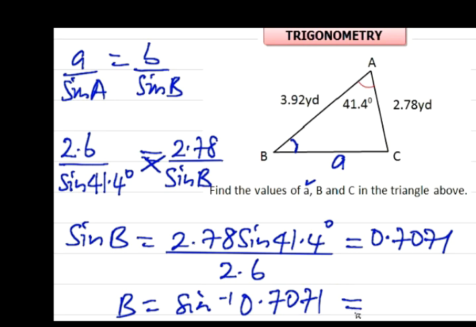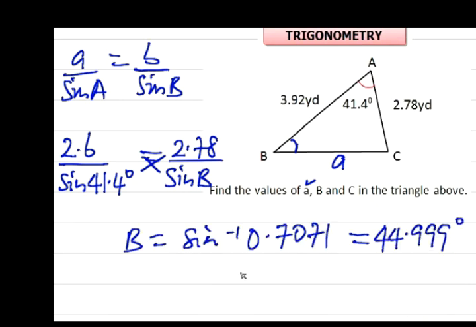So what angle is that? My computation is giving me 44.999 degrees. I know that should be 45 degrees. And so the angle b is equal to 45 degrees.